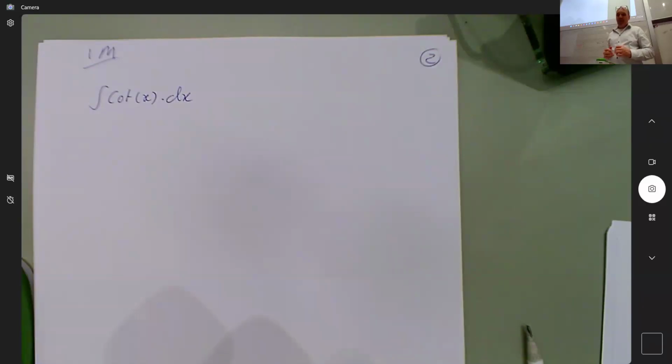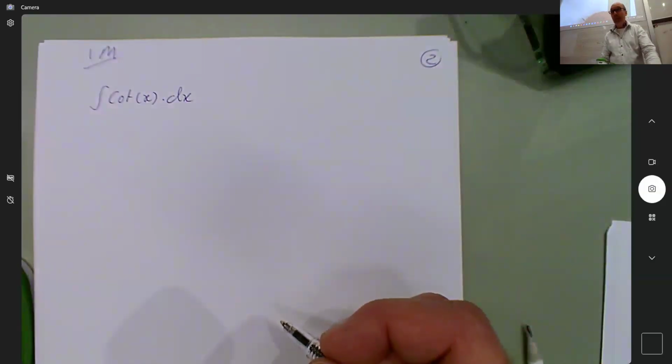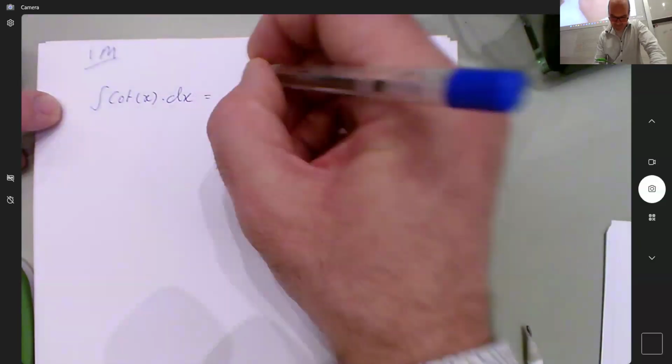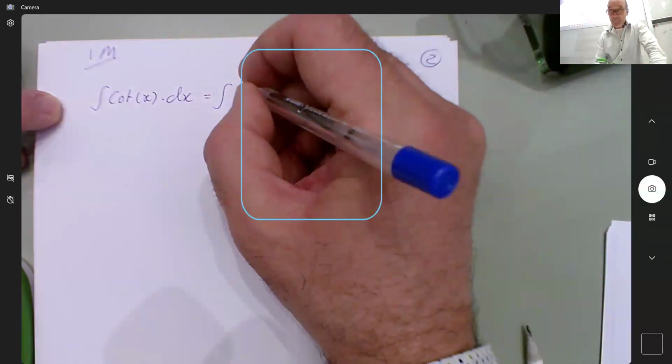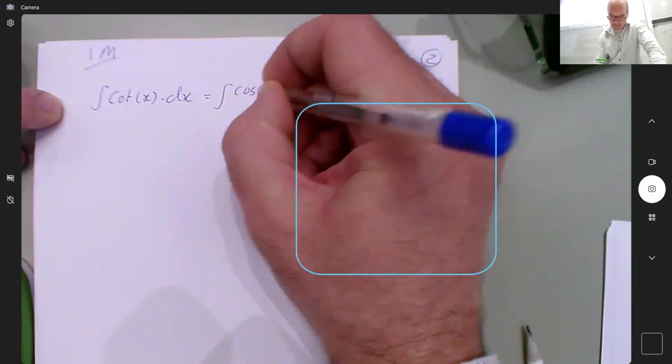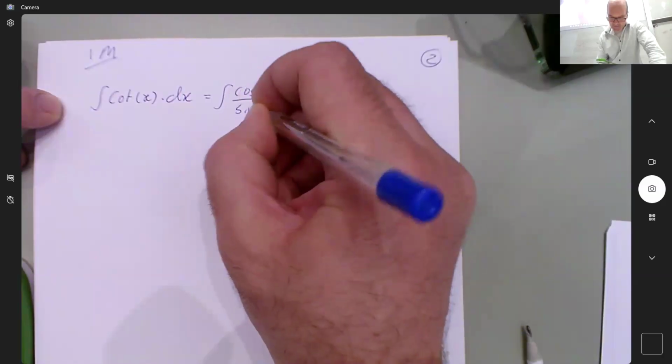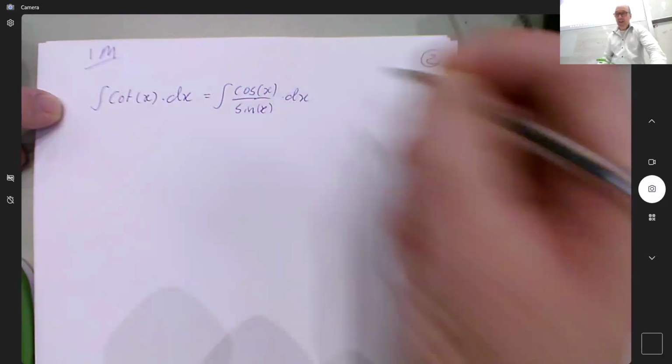What is your first thought when you do something like that? If I do that as cosine x on sine of x, yes.